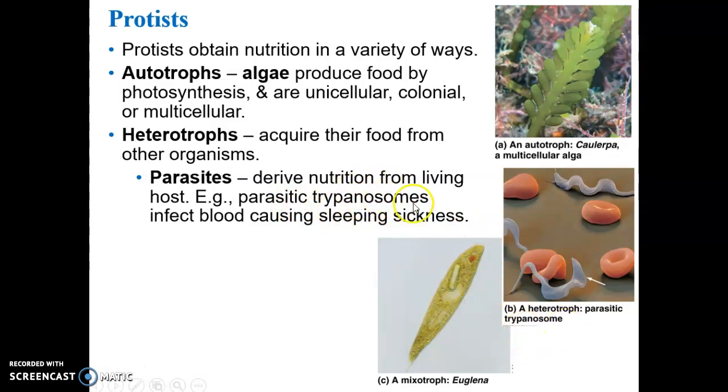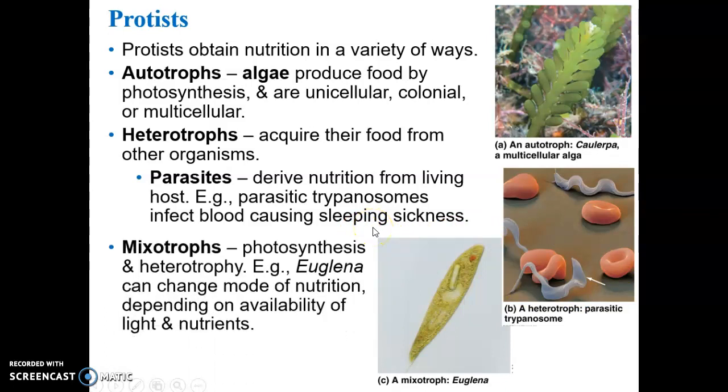So the trypanosomes infect blood and cause African sleeping sickness. And this is a trypanosome shown next to red blood cells to show that they're relatively small, single-celled, but cause some serious disease.